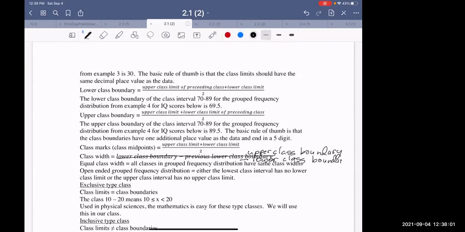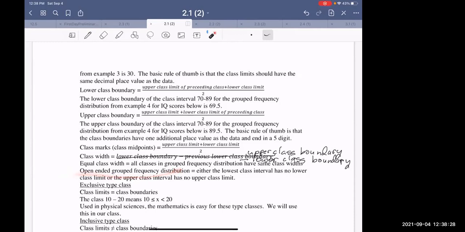So the class width is the upper class boundary minus the lower class boundary. Equal class width: if all of your classes have the same class width, then we say that this has equal class width.